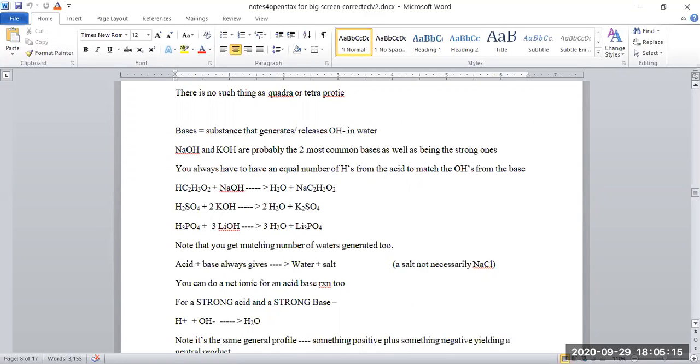One of the things that's true here that you kind of see in the middle of this is the number of H's at the beginning of the molecules need to match the number of OH's from the base. So I gave you one of each here. The first one starts with acetic acid, HC2H3O2. And I matched it up with one sodium hydroxide.